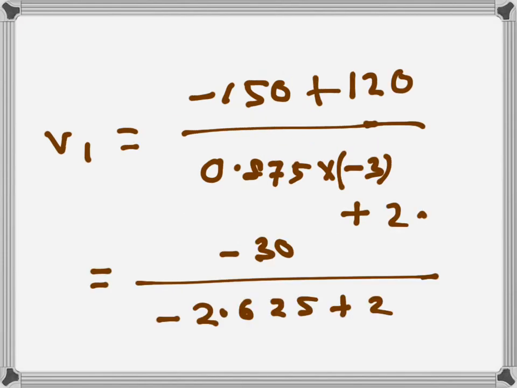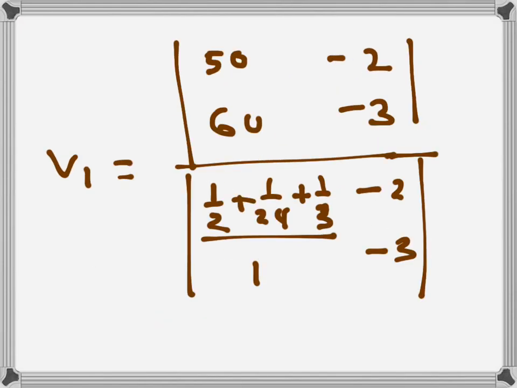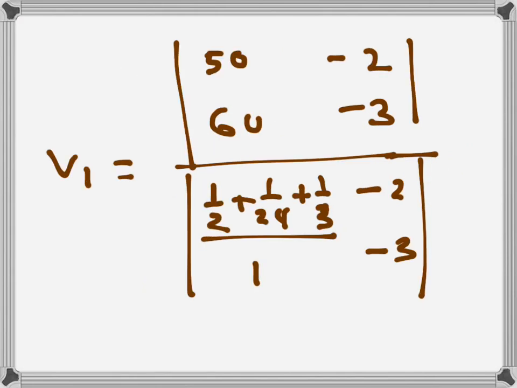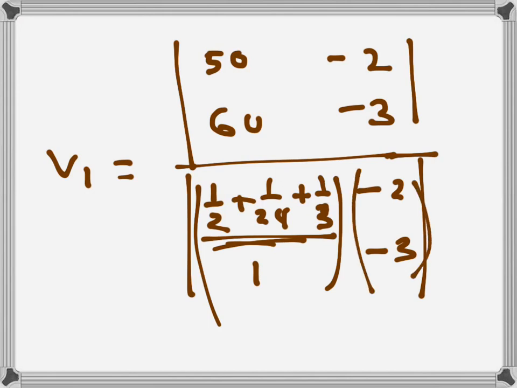I was talking about this method, the determinant method of solving, in the previous video, but here I have done it. So basically what I have done, I have written the coefficients in a determinant form, in rows and columns. So this column is the coefficient of V1, and this column is the coefficient of I5, the other unknown.